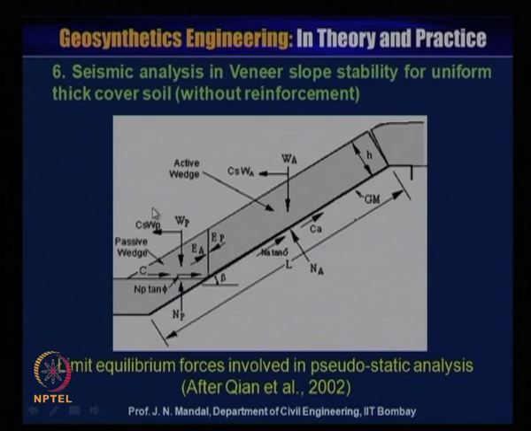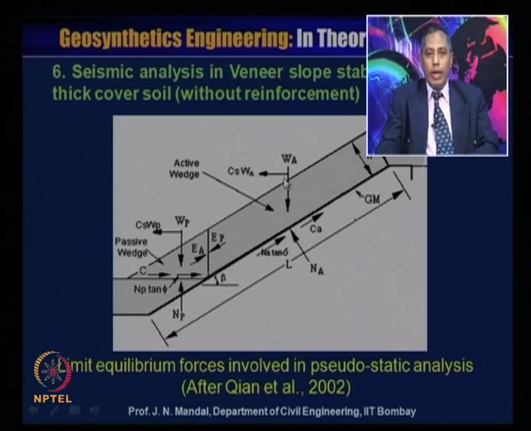Here we have considered the seismic force, where CS is the seismic coefficient. So, in the active wedge you have to take into account CS times WA due to the seismic coefficient.